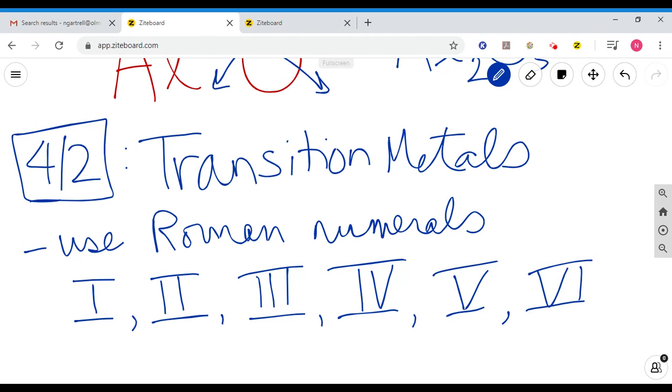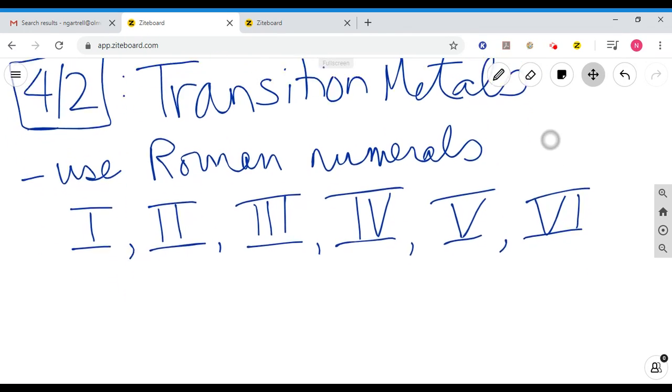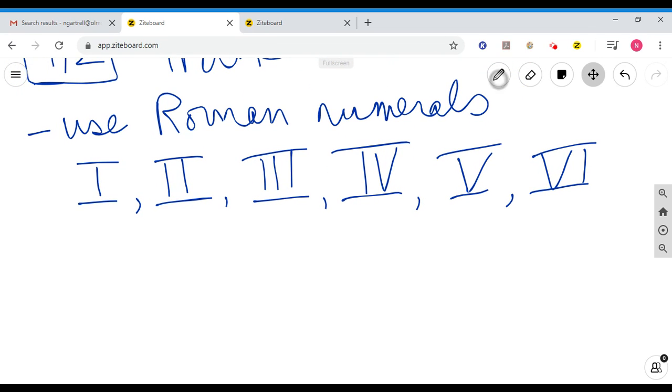I don't think anything we'll do will go past Roman numeral 6. Maybe you knew that, or were taught it a long time ago but don't remember it. So those are your Roman numerals, and the concept doesn't change in terms of how you solve the problem.